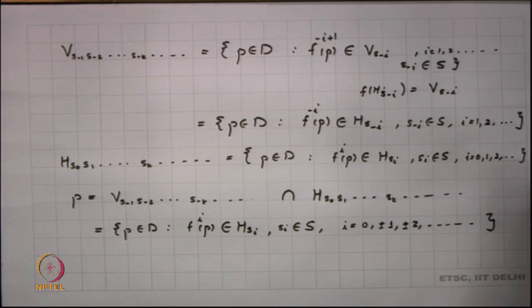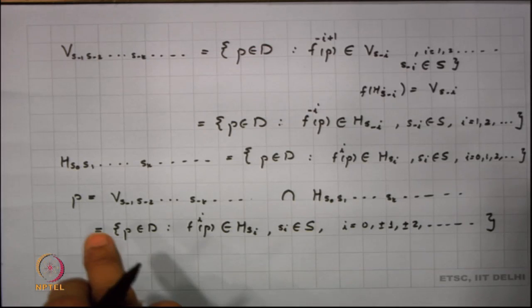If we try to analyze this part, what is the dynamics of p? That means we are interested in what happens to the iterates of p, to the orbit of p. To understand the orbit of p, it is very interesting that we have to look into this horizontal rectangle.